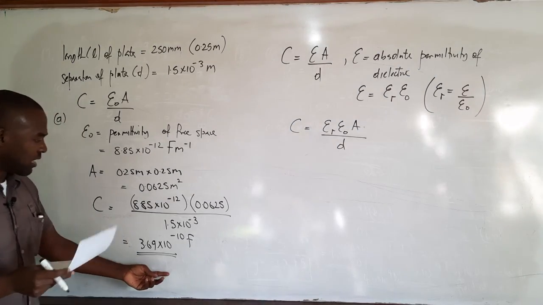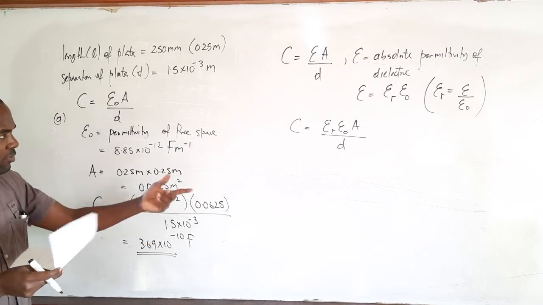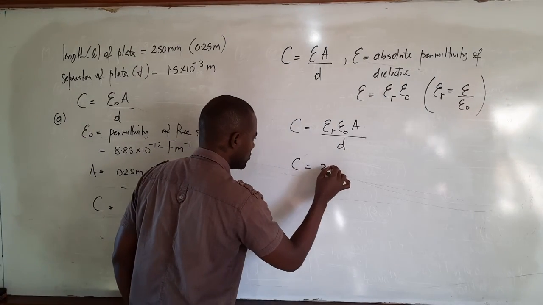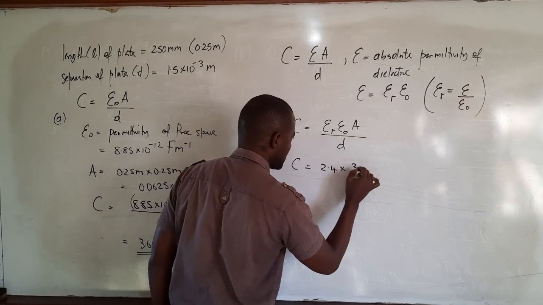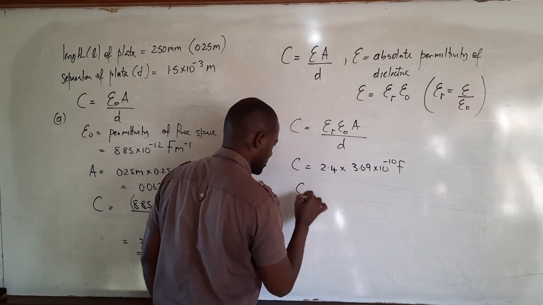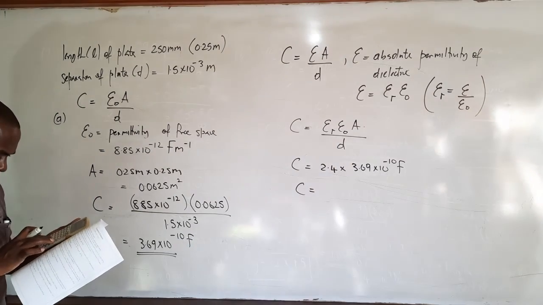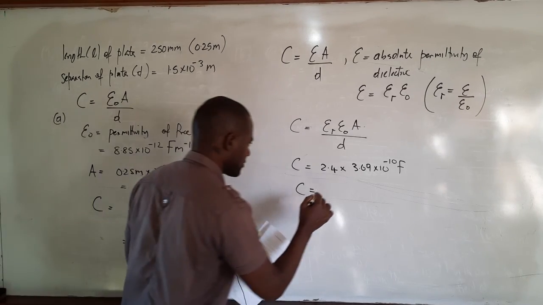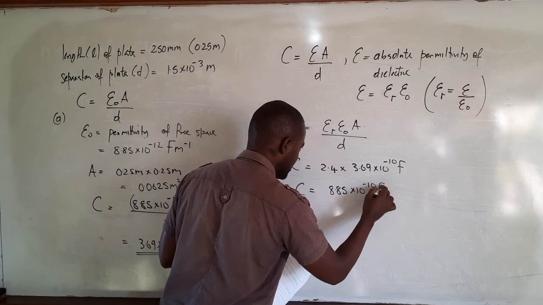So since we already found the capacitance in part A with air between the plates, we can simply multiply this value by the relative permittivity. So therefore this now becomes C is equal to 2.4 times 3.69 times 10 to the minus 10, and that gives us 8.85 times 10 to the minus 10 farads.